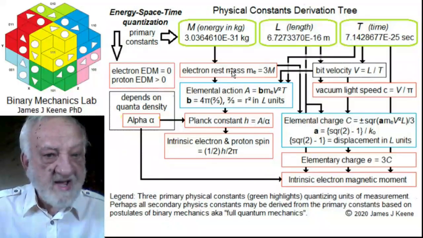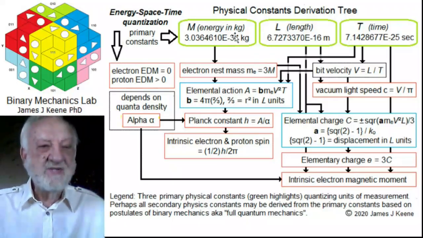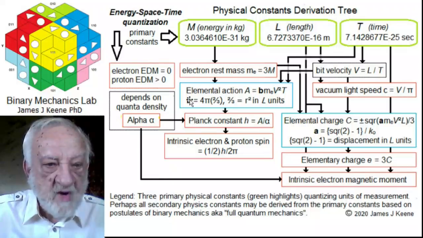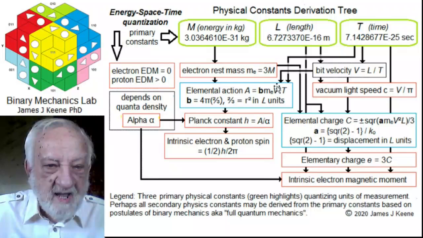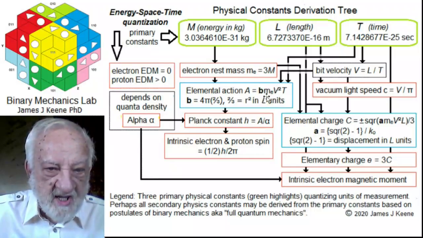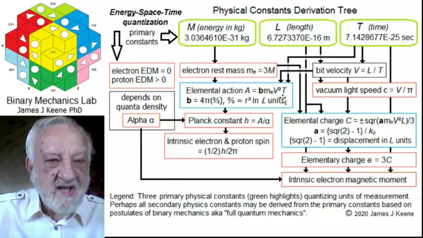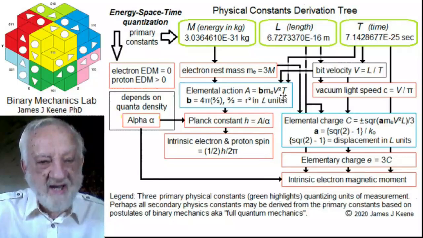Electron rest mass has the units of energy expressed in kilograms. Planck's constant, which comes from our elemental action A, contains an expression for energy, mass times velocity squared, and an expression for time, our primary time constant. In other words, the units for the Planck constant are joule-seconds.